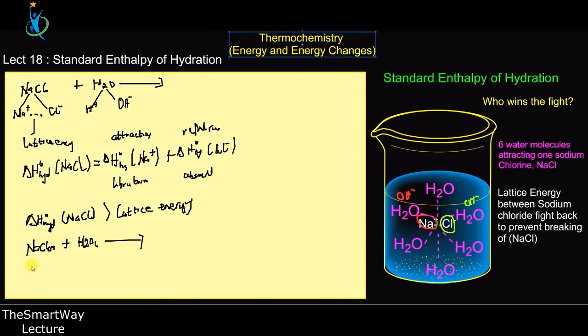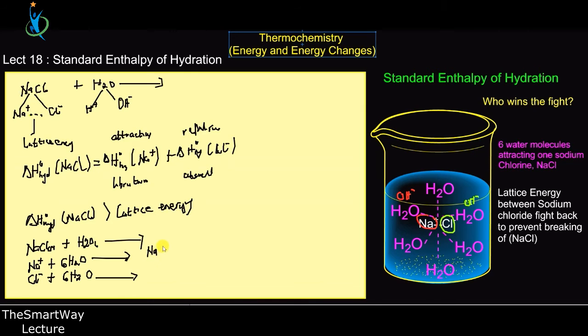First, the sodium plus will be attracted by 6 water molecules, and then the negative ion will also be repelled by 6 water molecules. And so we have separate equations. We are going to get this.